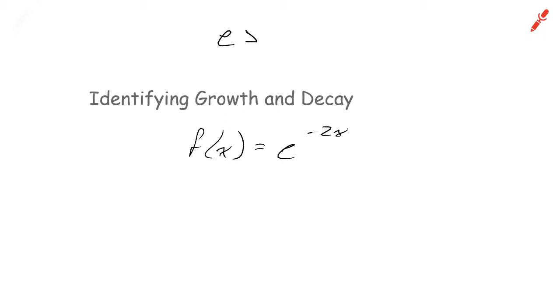Then you follow through and you ask yourself, is the exponent positive? Well, here the exponent is negative. That's what the minus sign out in front of that 2 means. So if the exponent is negative and the base is greater than 1, we can identify this as exponential decay. That simple, ladies and gentlemen.